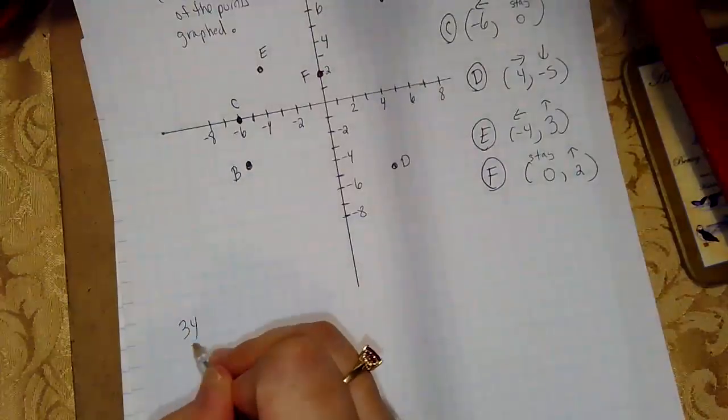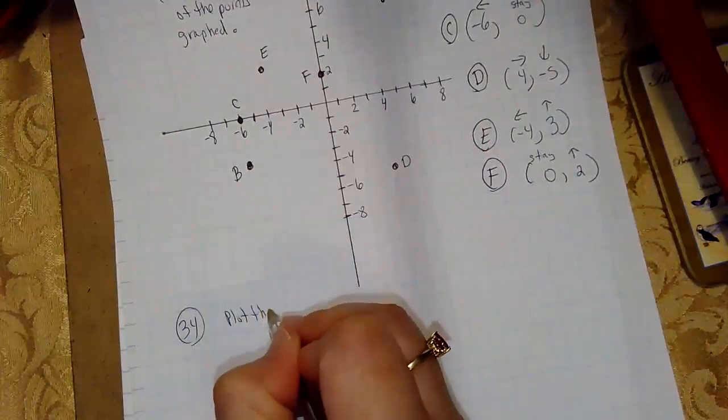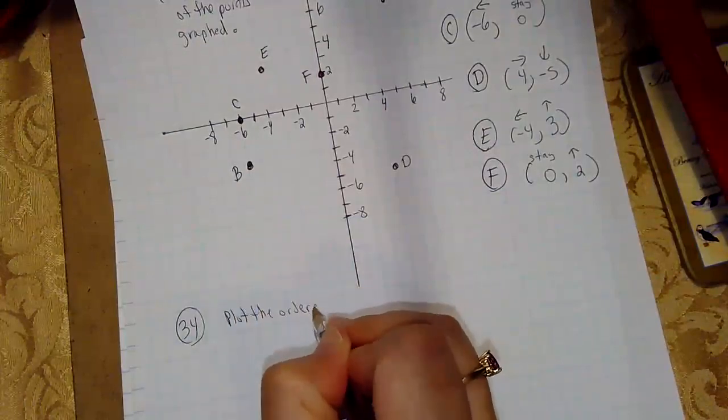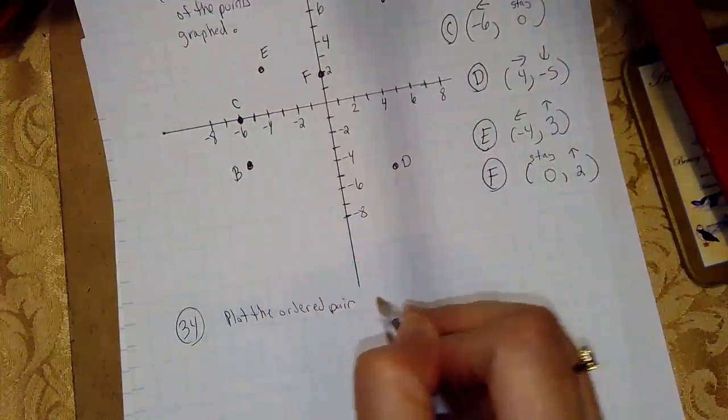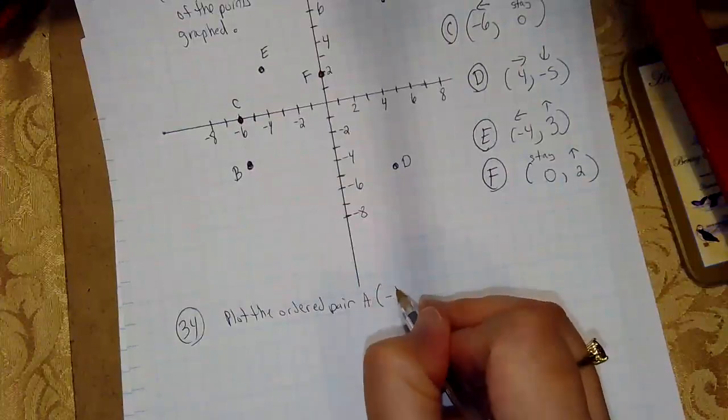Okay, now we're going to look at 34. Let's see what's 34. I might be able to do 34 on this other page here because it says that it wants you to plot the ordered pair, which is this point A, which is -1, 9.